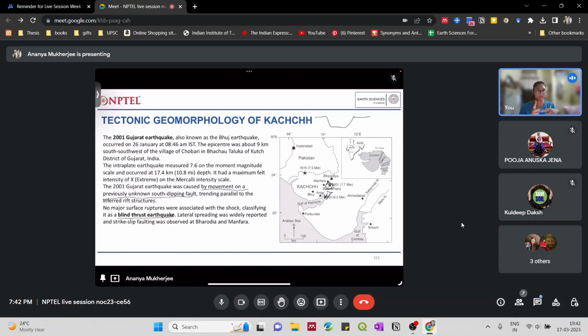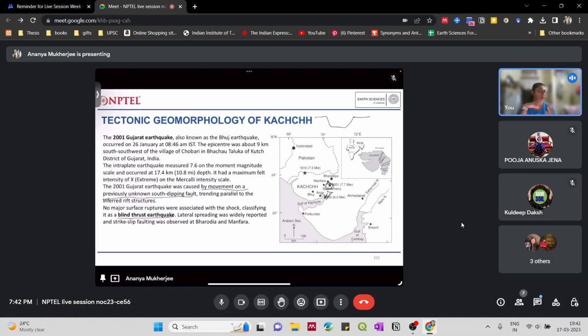Then there was the tectonic movement during the 1819 Ran of Kutch earthquake, which was an intraplate earthquake. Because of that, other fault systems that are present got activated. They might not have released the stress at that point of time, but the stress buildup started increasing. And we don't know where these faults are, because some of them are hidden.